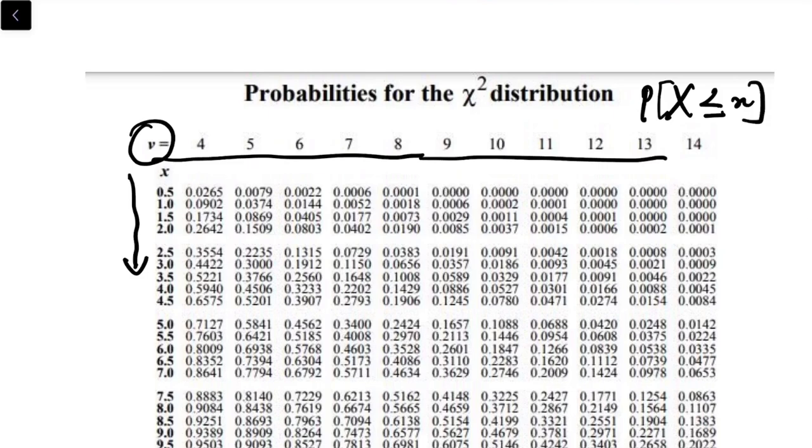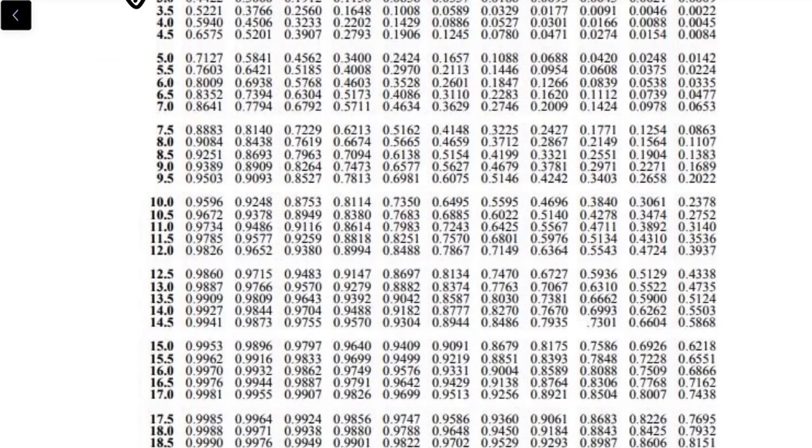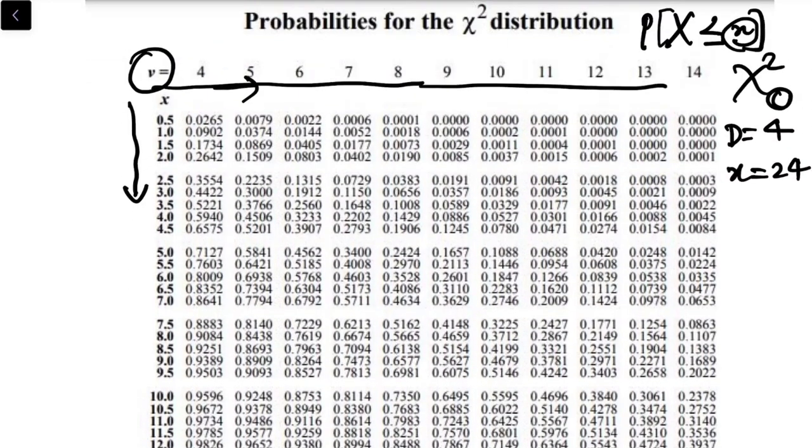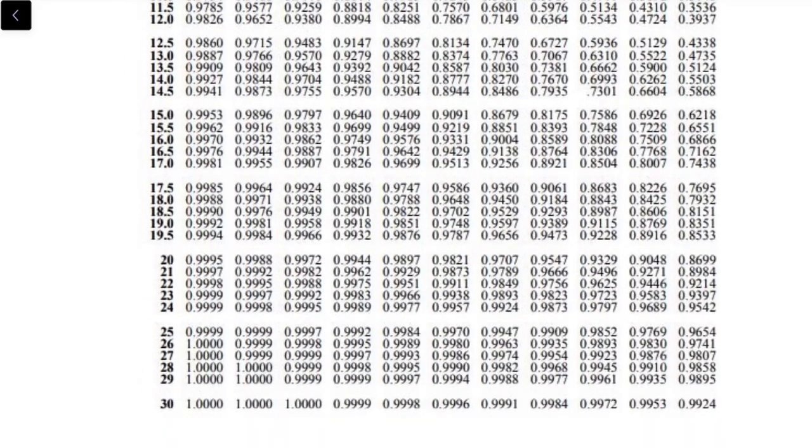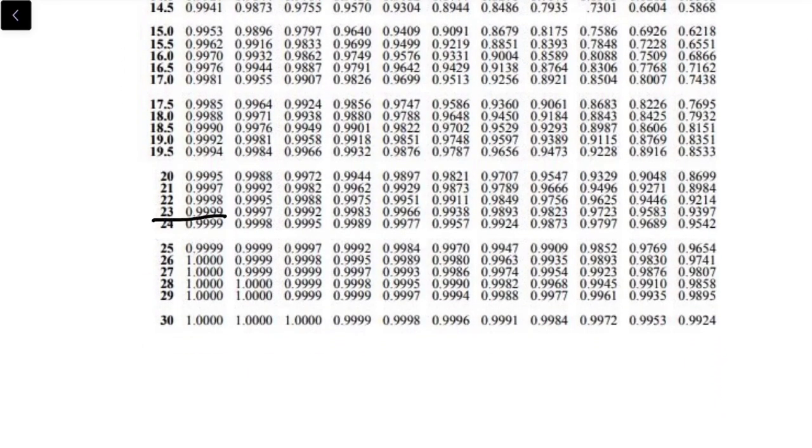All right, so we'll look for the value of this small x on the y-axis and the degree of freedom on the x-axis. Okay, so in our case the degree of freedom is 4 and the value of x is 24. So you can see the degree of freedom is 4. So we'll look in this column. So let's see where is 24. So here we have 24.